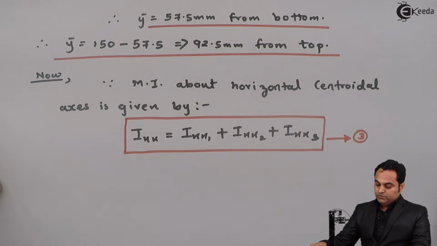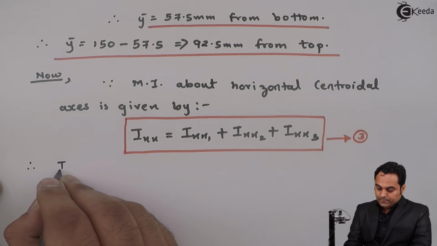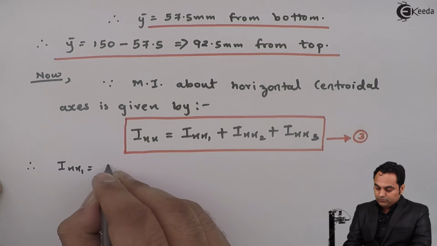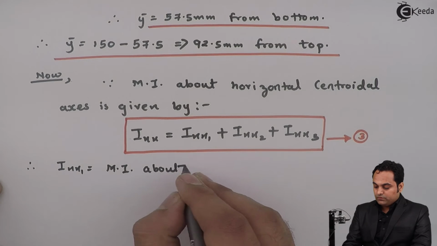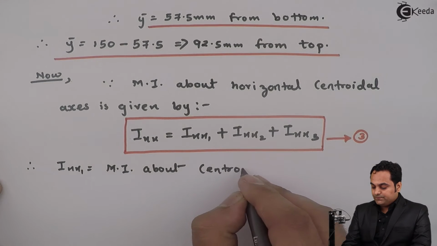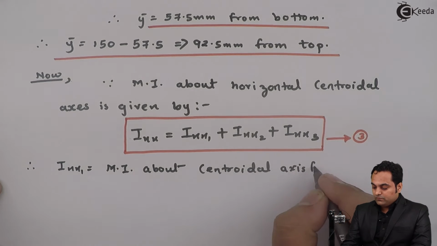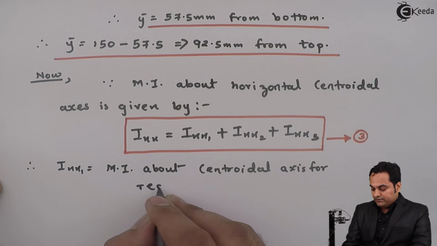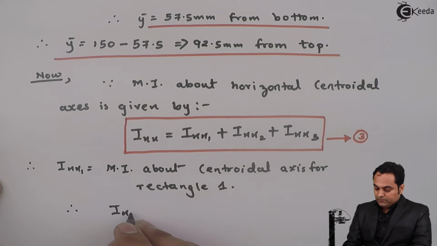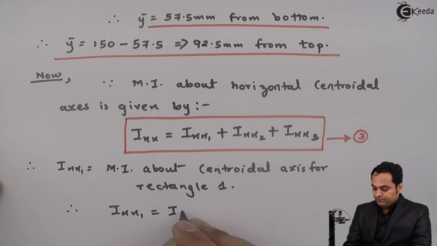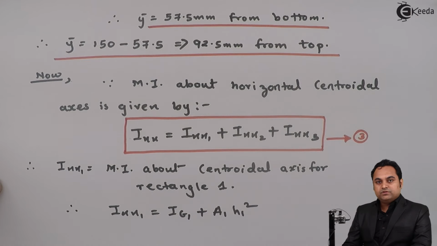Now Ixx1 is equal to the moment of inertia about the centroidal axis for rectangle 1. Therefore Ixx1 is equal to Ig1 plus area 1 into h1 square.